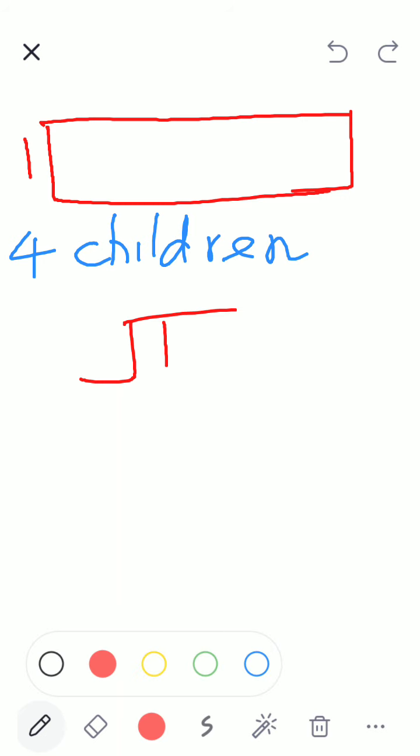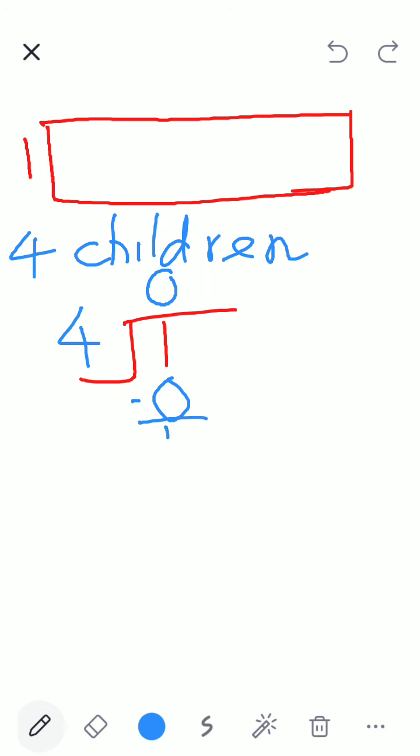Okay. So what did I do? One chocolate divided among four children. So what happens? Nobody is going to get a full chocolate because I have only one chocolate. So 4 zeros are 0. Remainder how much? 1. Correct?